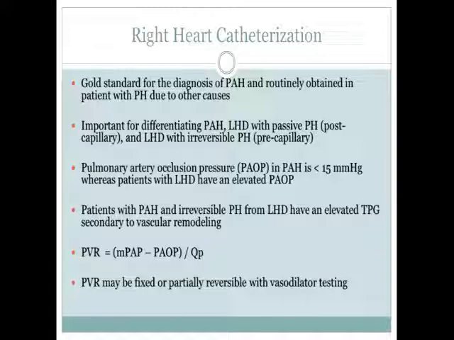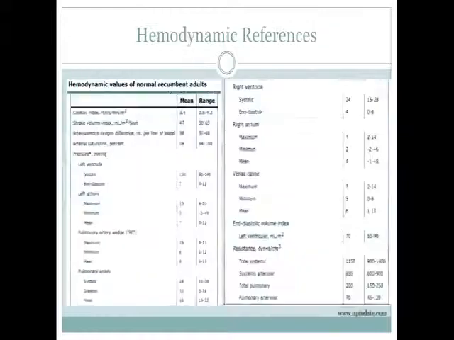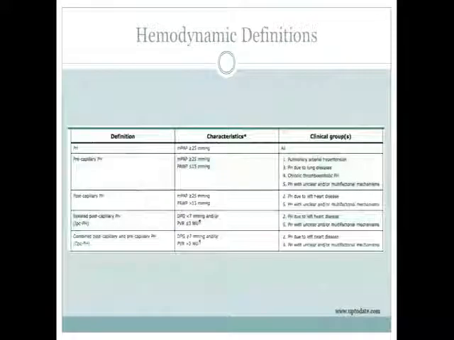And this table is from UpToDate. Again, you can see that patients with group 1 pH, so everybody who's got pulmonary hypertension, have elevated mean pressures of greater than or equal to 25, but those with only group 1 or pre-capillary pH have normal wedge pressures, and those with group 2 pH have elevated wedge pressures.